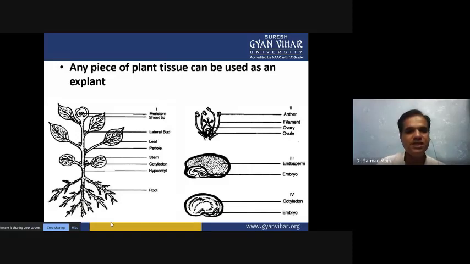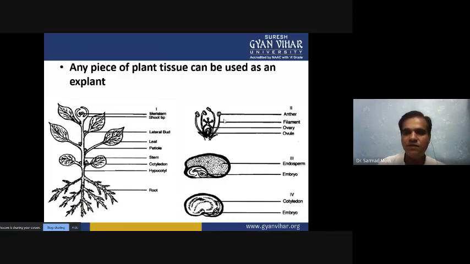These meristematic cells and tissues respond very well when we culture them in vitro because they are very fast dividing. Other plant parts like leaves, stems, and roots we can also culture, but they respond a little more slowly compared to meristematic cells.